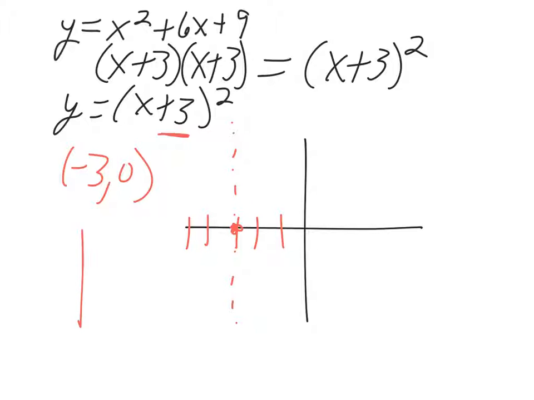Then once again you just make your table of values, and we know then it's going to go up like this and up like that. Now if you're not able to factor it, you'd have to complete the square, and we're not going to look at that right now. That'll be in another lesson.